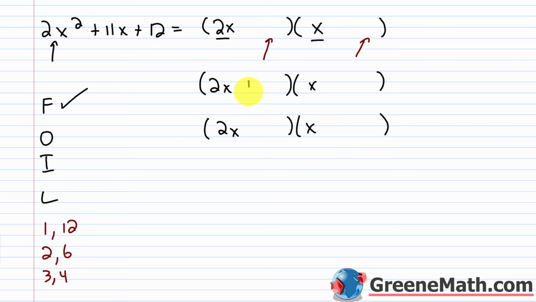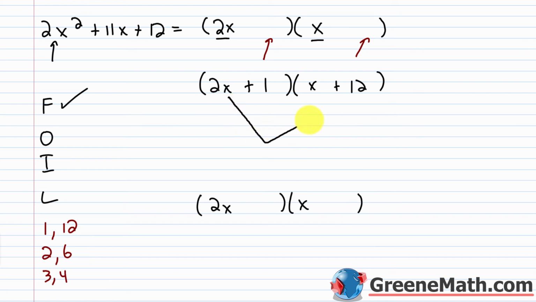Now I'm going to put plus 1 and plus 12. So what I need to check here is the outer and the inner. So in other words, the outside here, 2x times 12 is 24x. The inside here, 1 times x is 1x. If I combine like terms with that, would I get 11x? The answer to that is no.